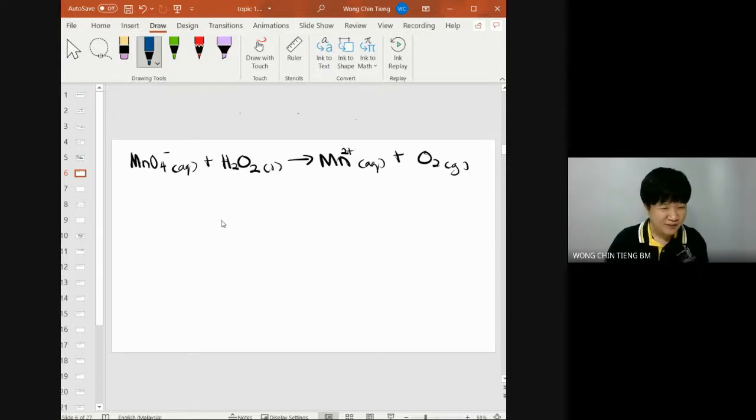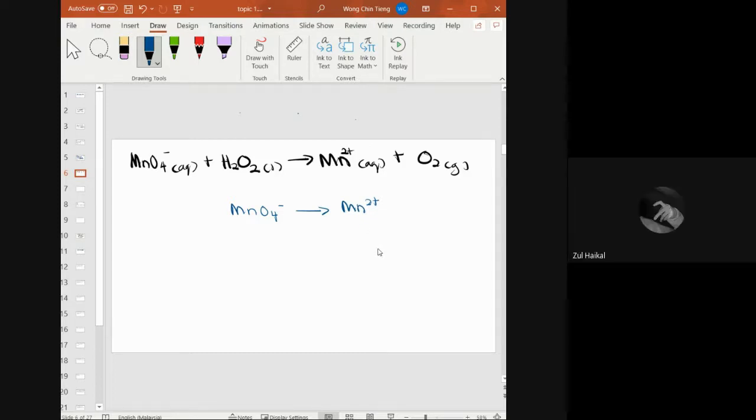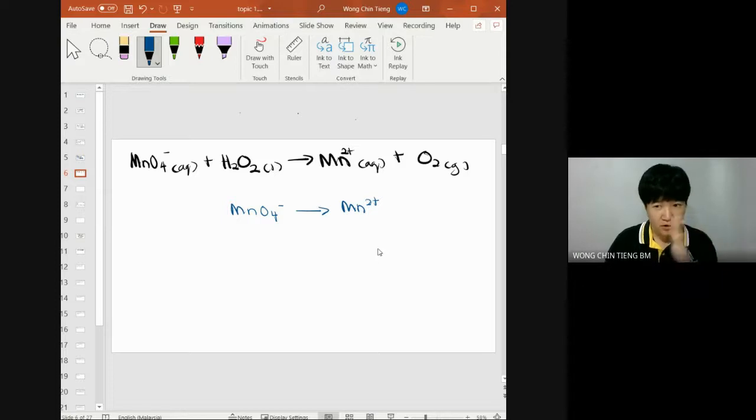Zul, half equation yang pertama for the MN. Saya tak tunjuk dah ya, how to get it. Tapi saya minta daripada Zul je. Okay. For this half equation, Zul, are you going to add in how many water? 4. 4 on the left or on the right?